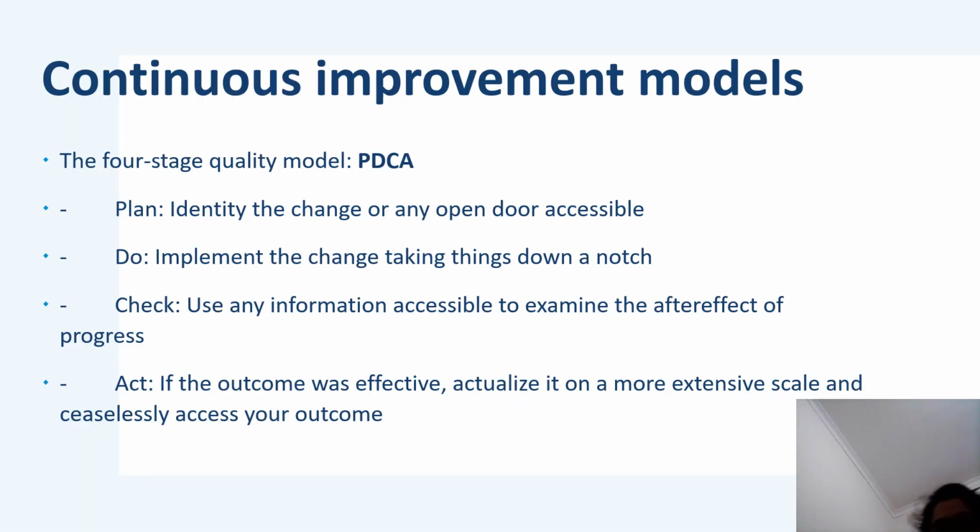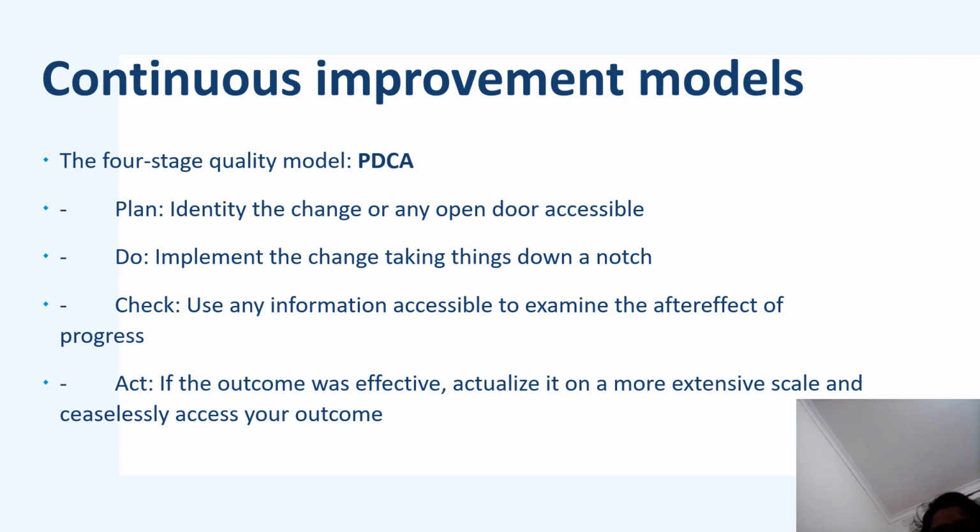Next we come to the continuous improvement models, and there are two popular continuous improvement models. Starting with the first one, it is PDCA. PDCA is a four-step process which includes plan, do, check, and act. Plan includes identifying all the changes and how they're going to set things up and plan them. Then they implement those changes, how they're going to act on them, so that comes in the do section.